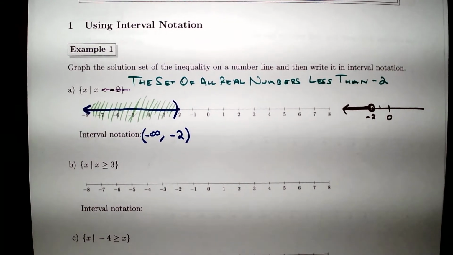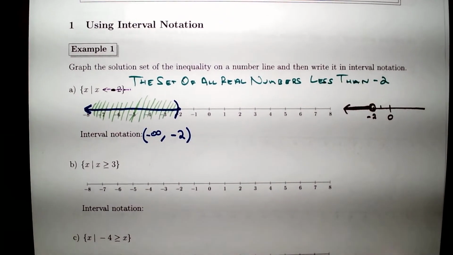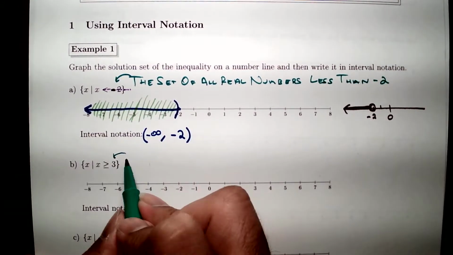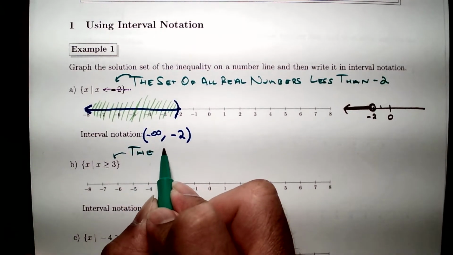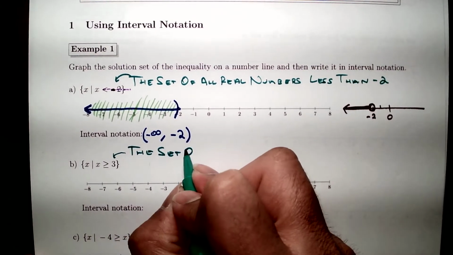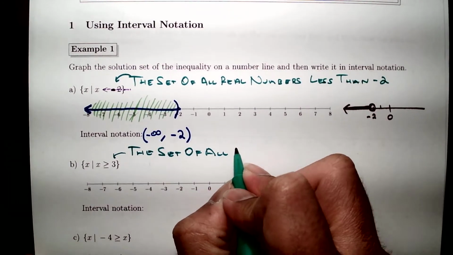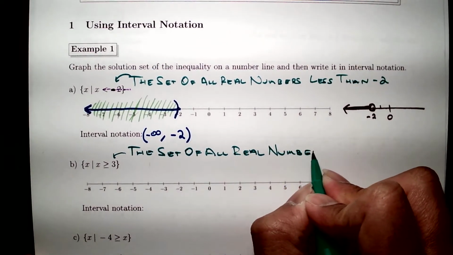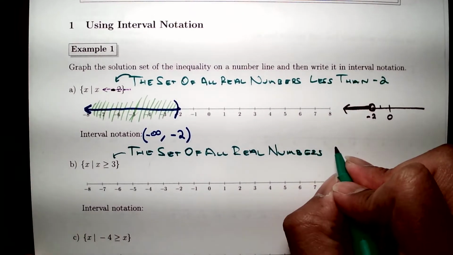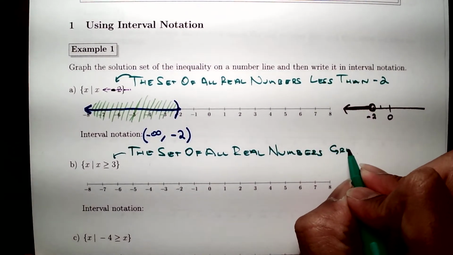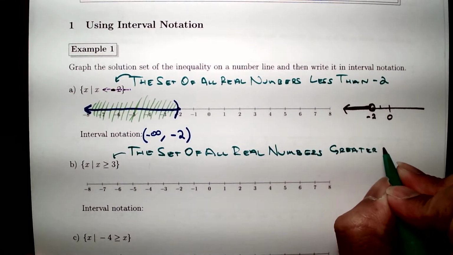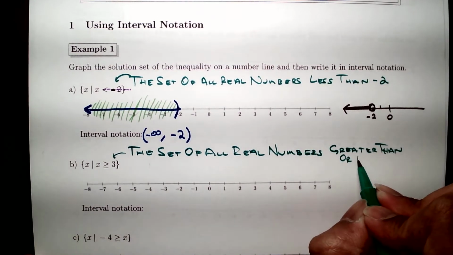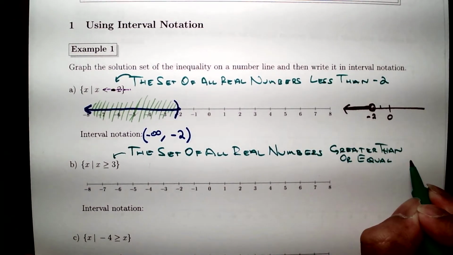All right, let's do the next example. So interval notation for letter B. This denotes the set of all real numbers greater than or equal to three.